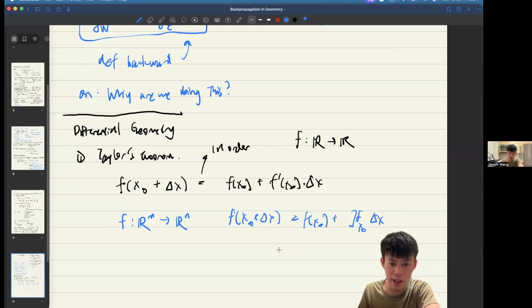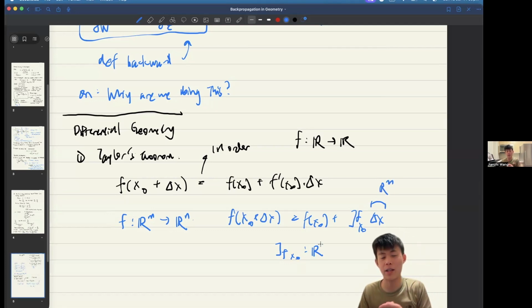So we are really relying on this Jacobian being a function that transforms delta x, which is in R^m and lies in the input space. We are relying on this Jacobian being a function that transforms our R^m vector into our R^m vector. So usually you see it as a matrix that is m by m.